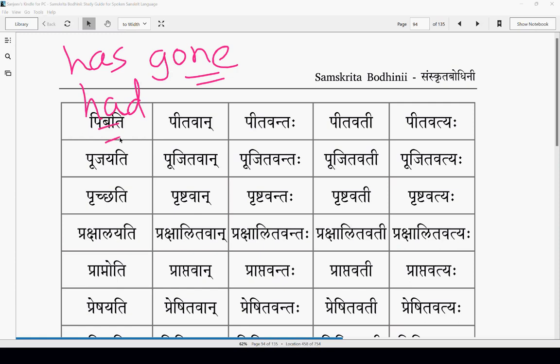He is drunk, he was drunk, he will be drunk. Then you add that Asti and Asit: Saha Pitavan Asti, that means he is drunk. Saha Pitavan Asit, he was drunk. Saha Pitavan Bhavishyati, he will be drunk.